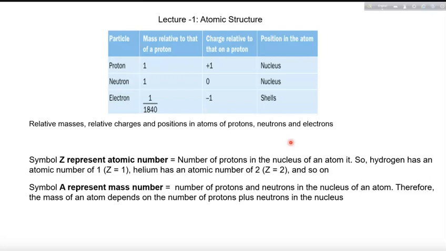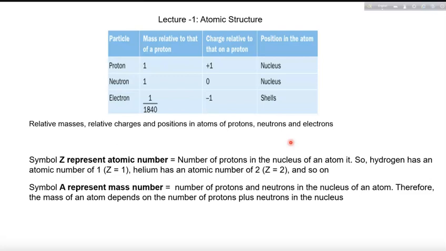So protons and neutrons are in the nucleus, whereas electrons are in the shells, as I said a bit earlier, that a big space is there other than the nucleus. The nucleus is the smallest part of the atom, but the atom is big. You can even compare it like this: if a football is the nucleus, then the football ground is the atom.